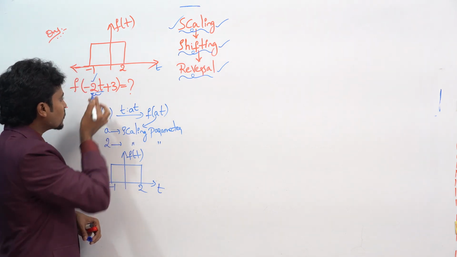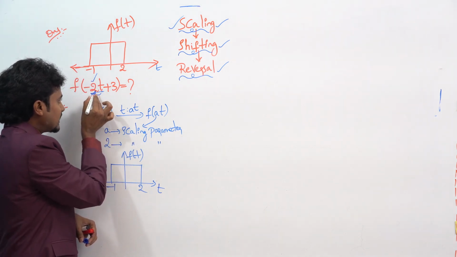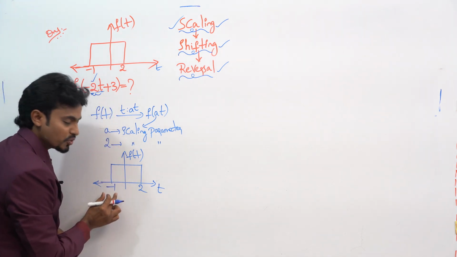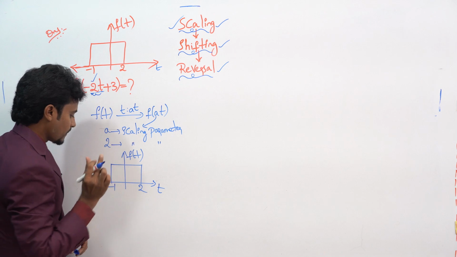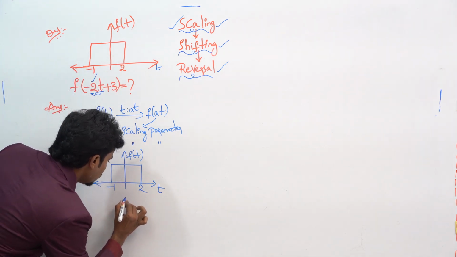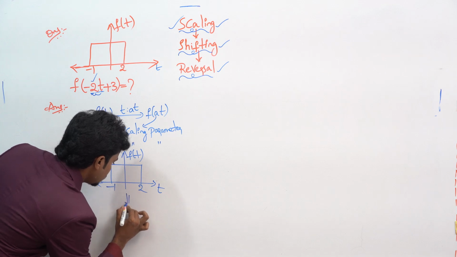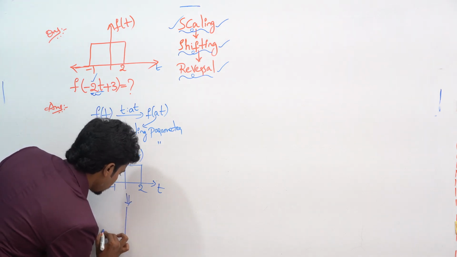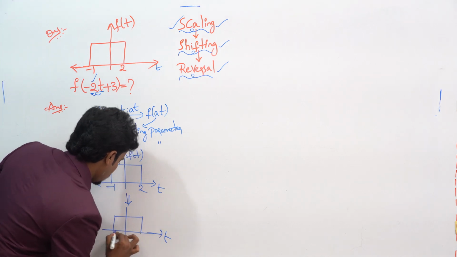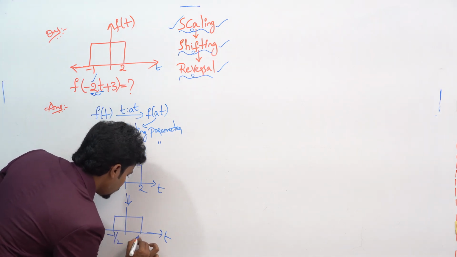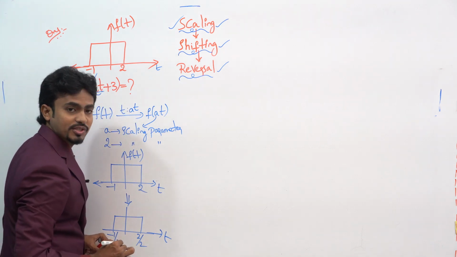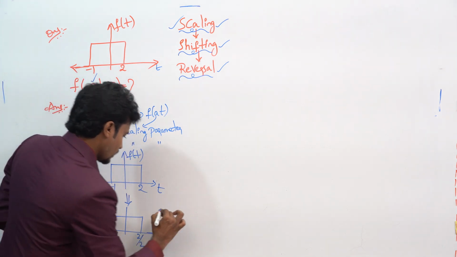So in this question, what do we see? This is multiplication, so in the plot we have to do division. If you divide, this will be -1 divided by 2, and here 2 divided by 2. 2 divided by 2 means we get 1.